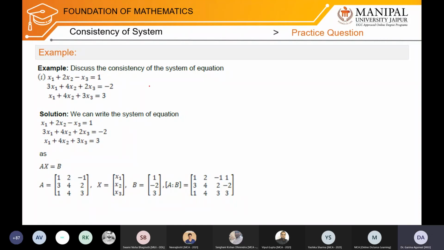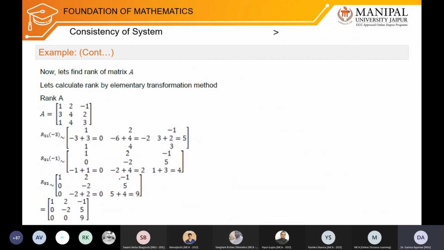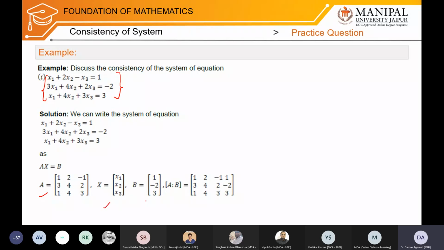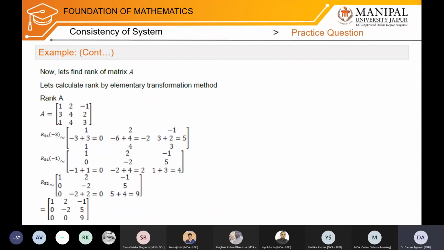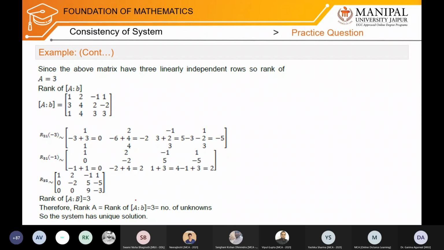In the next question, we have 3 linear equations. So we write the coefficient matrix, variable matrix, B the right hand side constant, and augment matrix together A and B, right? Then we find the rank of matrix here.